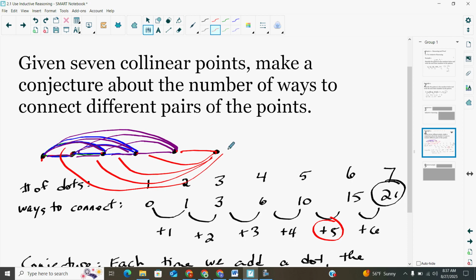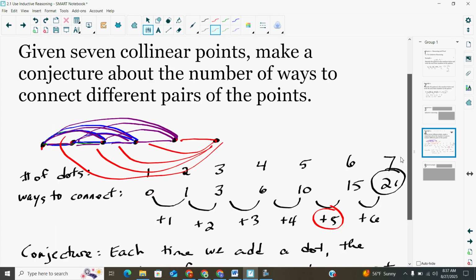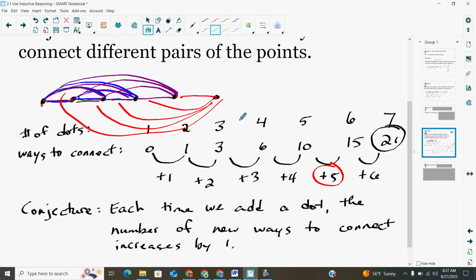So each time we add one, we are increasing this by that one. So that is what a conjecture is. That is inductive reasoning. Again, we come up with specific examples to come up with what we think a rule is, called a conjecture, and then use that conjecture to answer the question.